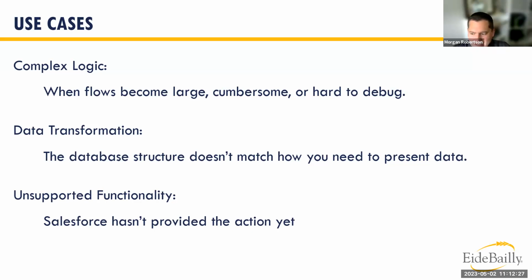You'd also use these if Salesforce doesn't yet support the functionality. They haven't made their version of the action yet. For a long time, we had things like post to chatter in invocable actions. Now that's part of the standard flow. So over time, you'll see some of them get moved up, and some of them that are more custom to your org, we continue to enhance.